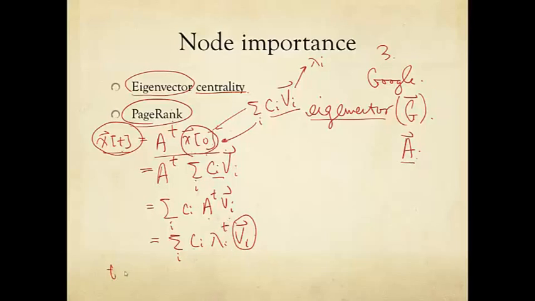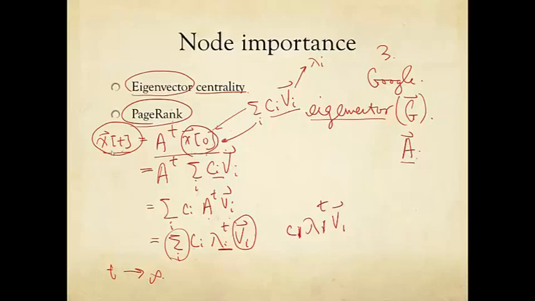So as time goes on, what would dominate this summation is really the one associated with lambda_1. So this becomes basically like c_1 times lambda_1, the largest eigenvalue, to the power t, times v_1.